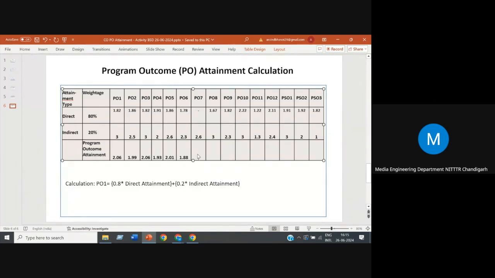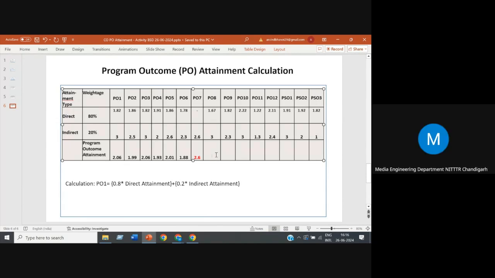If you take 0 for direct, then it will be 0.5 something, which again is not indicative of the exact values. For the time being, we can write it as 2.6 because it is only contributed by indirect, but it should not happen that we have contribution from only one component. So this kind of scenario is not advisable.